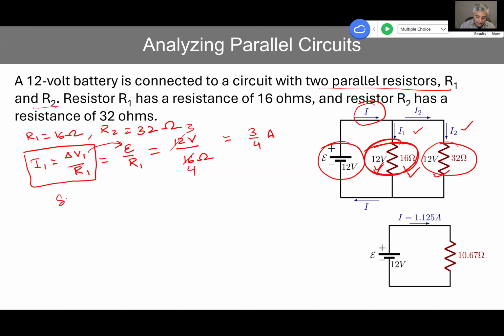Okay. So now similarly, I2 is EMF over R2. And when you do that, you have 12 volt divided by 32.